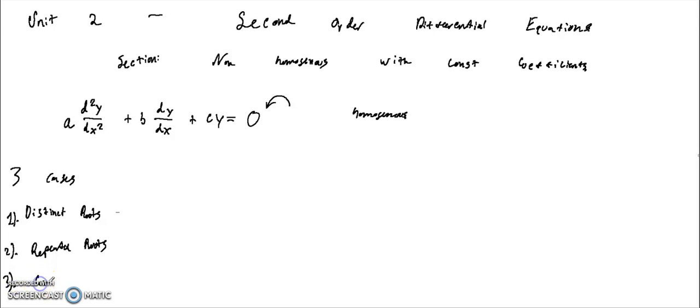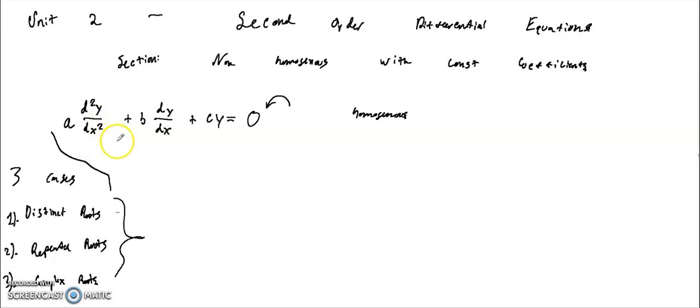And then there's complex roots, which is three. And how we find out which one of these we use, we're actually going to try and factor this equation kind of like a polynomial.